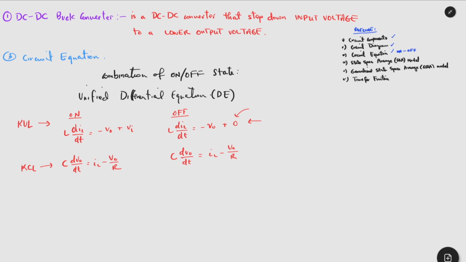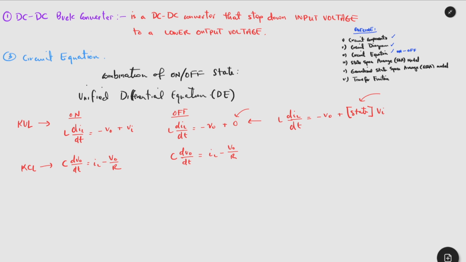So we can propose this equation such that L dIL on dt equals minus V naught plus state times V in.